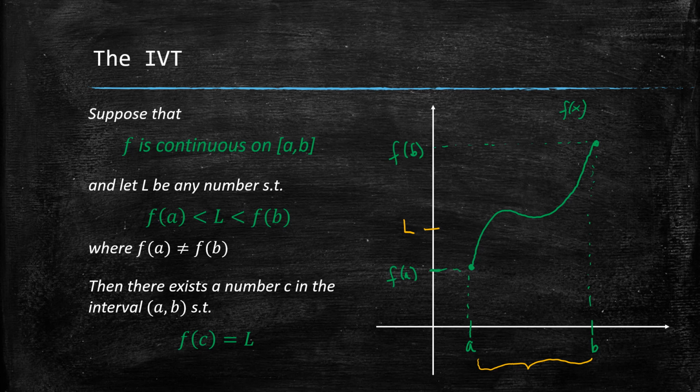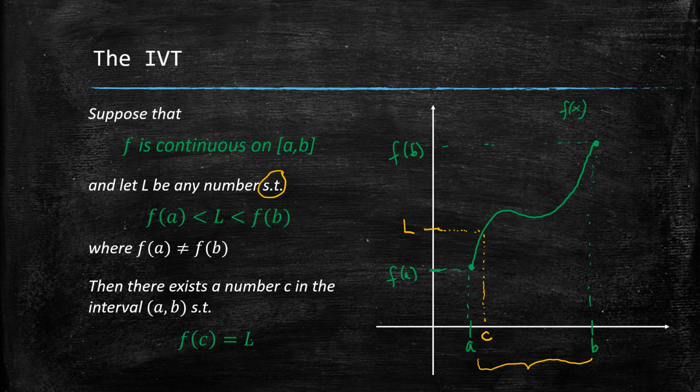Again, because the function is continuous, if we just follow along from L and take that down, of course there has to be a value c in the interval [a, b] such that f(c) equals L. Just to point out, I put ST here; ST is the mathematical abbreviation for such that.